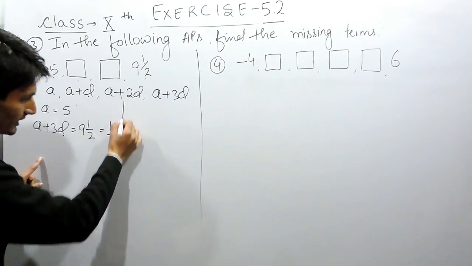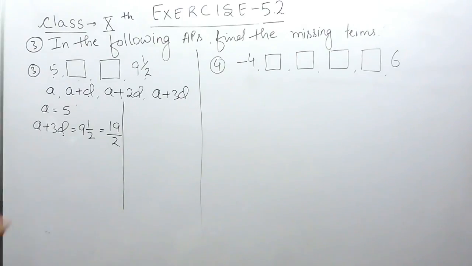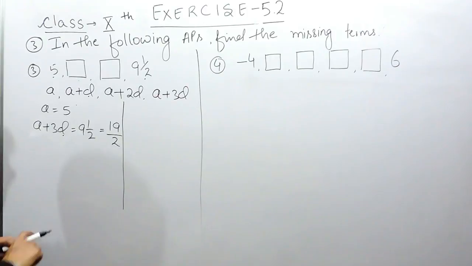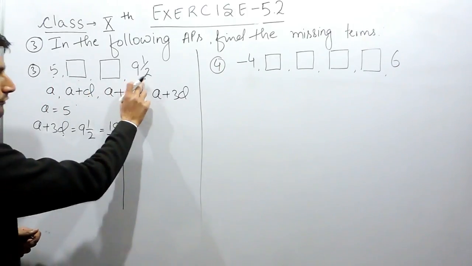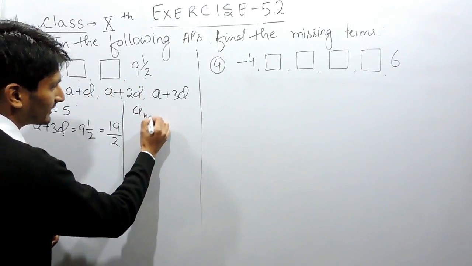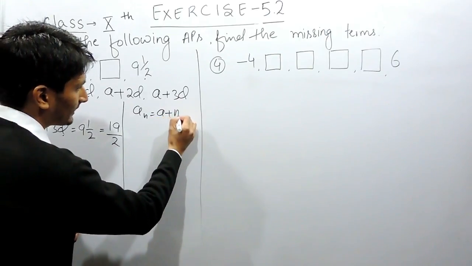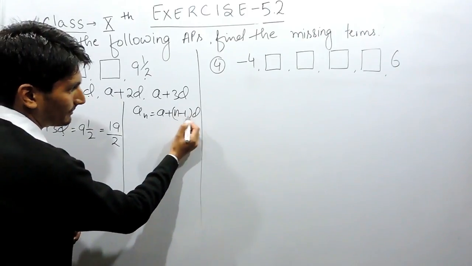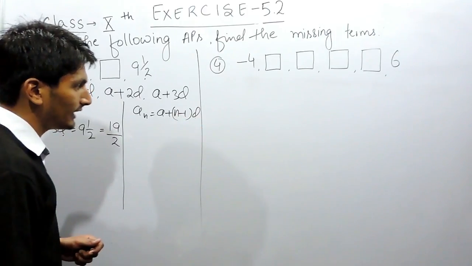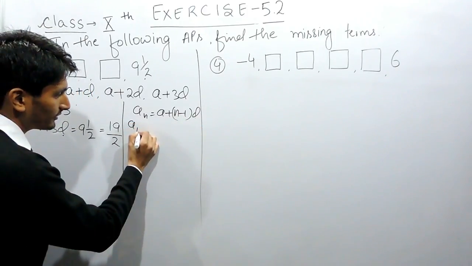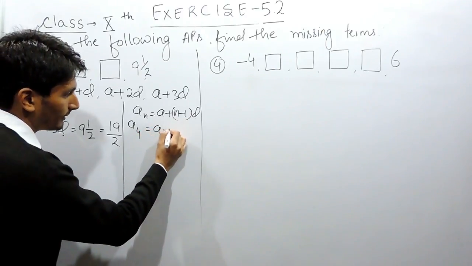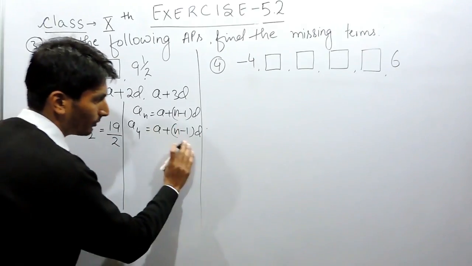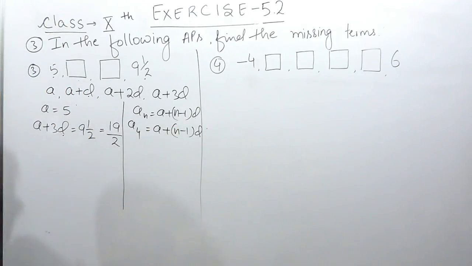If you are not able to understand how I am doing this, you know a formula where if you want to find the nth term, and in this case the nth term is the fourth term, the nth term is equal to A plus n minus 1 into D. Using this formula you can find out the same answer.